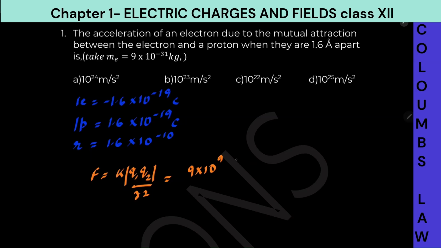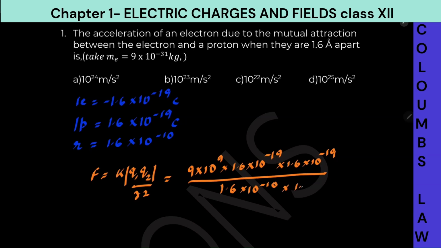Charge Q1 is the charge of the electron, 1.6 into 10 raised to minus 19, and into 1.6 into 10 raised to minus 19 for the proton, whole divided by the separation, which is 1.6 into 10 raised to minus 10 into 1.6 into 10 raised to minus 10, because it's a square in the denominator.